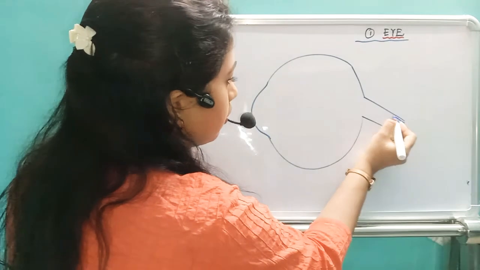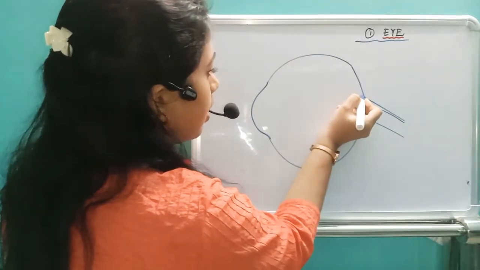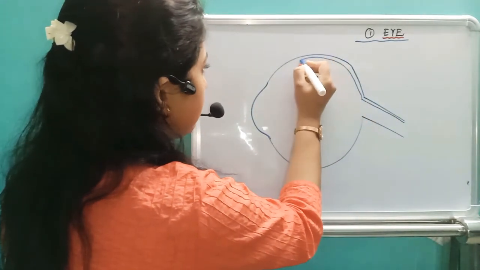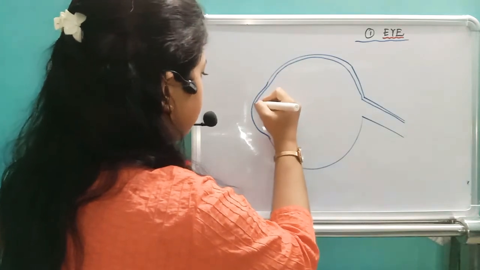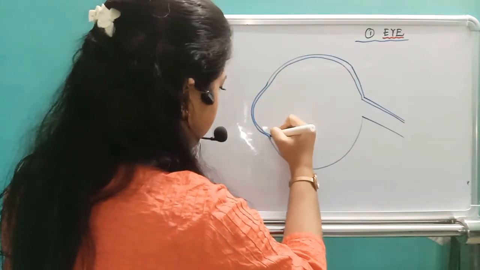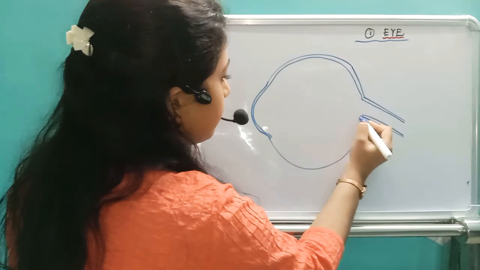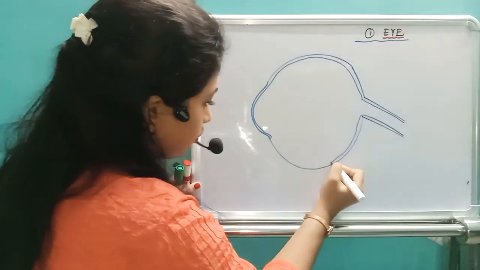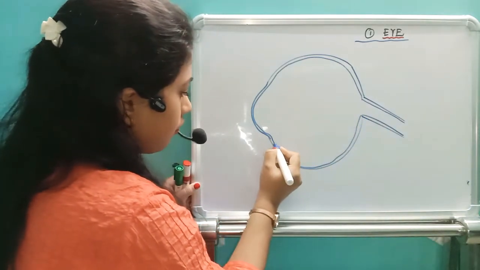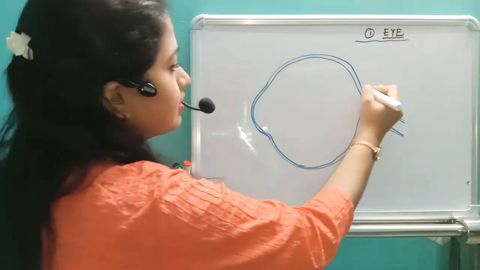So first of all, here we have the outermost layer, right? So what is the name of this outermost layer? Okay, this outermost layer has two parts. The posterior five-sixth part is called the sclera.